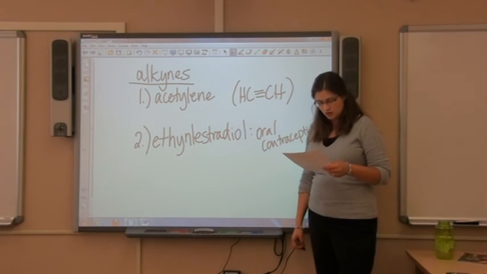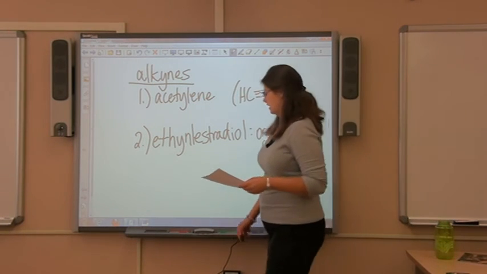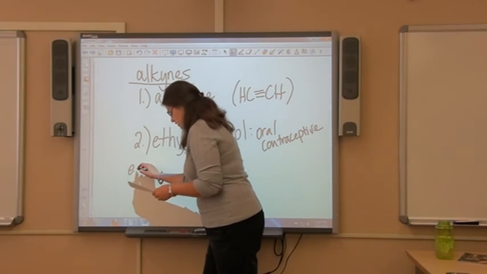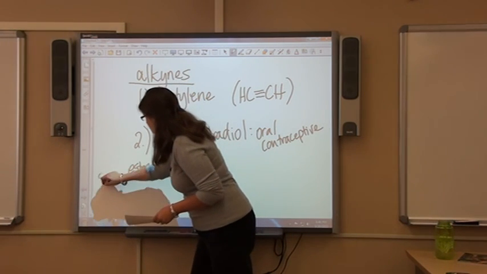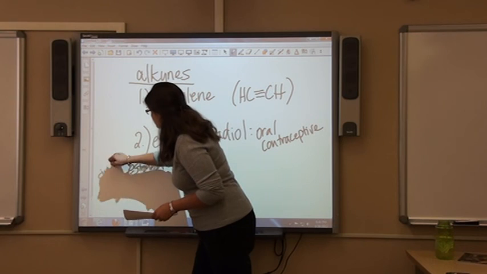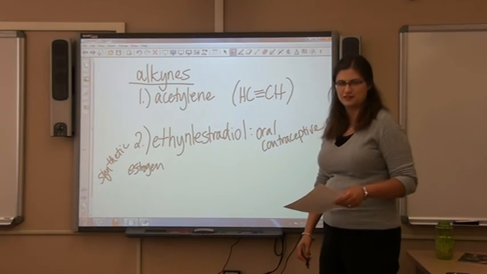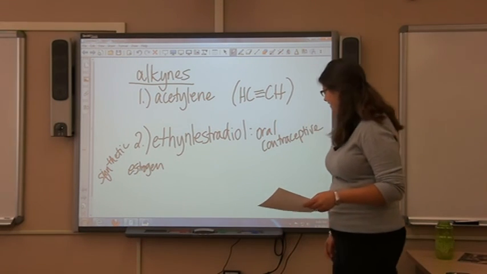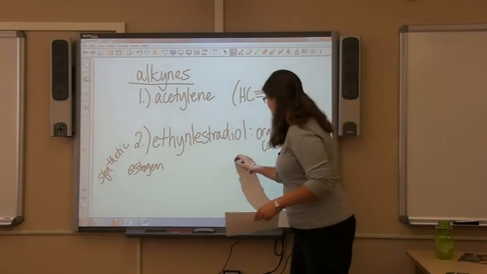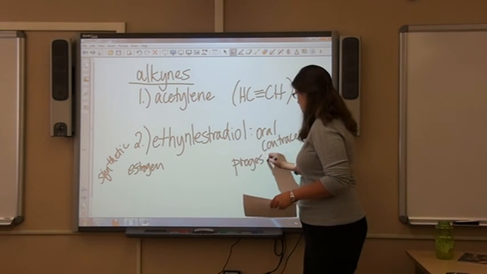And what it does is it has two different synthetic hormones. It has a synthetic estrogen. I'm trying to hurry so that I don't have a huge video to upload, and you can tell because my spelling has just become horrible. So we have a synthetic estrogen in this compound and a synthetic progesterone.